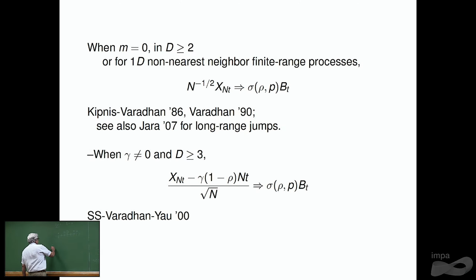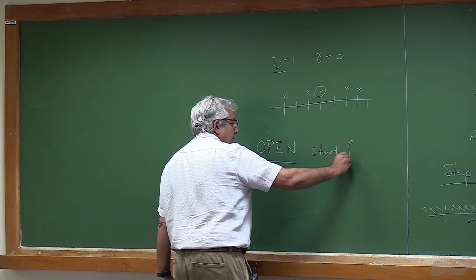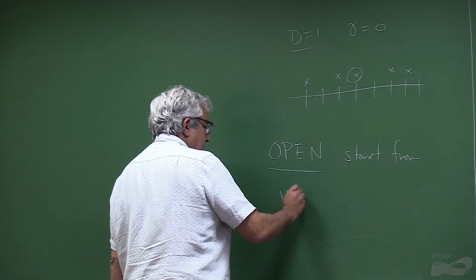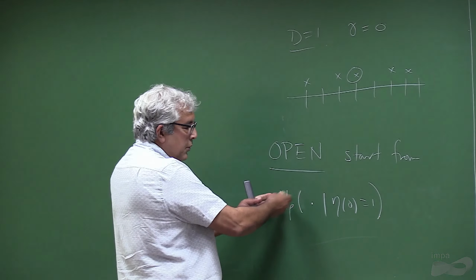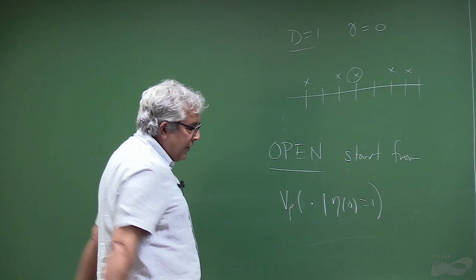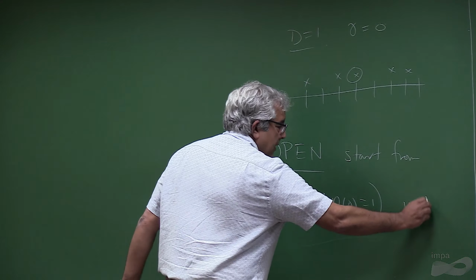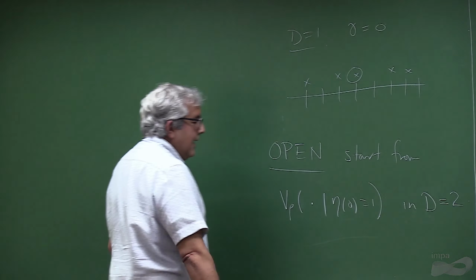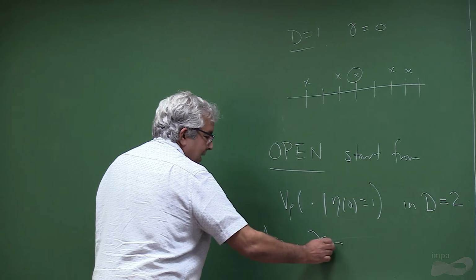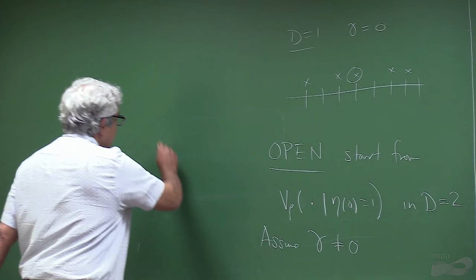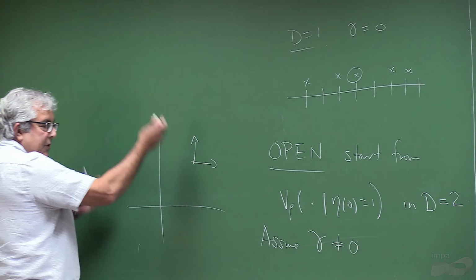So start from the Bernoulli product measure, independently putting particles with probability rho in 2 dimensions, and assume gamma is not 0. For instance, one case would be that you're only allowed to go up or to the right.